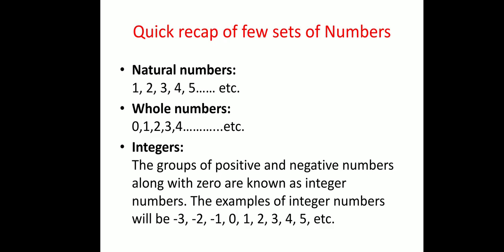The group of positive and negative numbers along with 0 are known as integers. For example, -3, -2, -1, 0, 1, 2, 3, 4, etc. It means if I include negatives of natural numbers in the set of whole numbers, then this set will be known as integers.